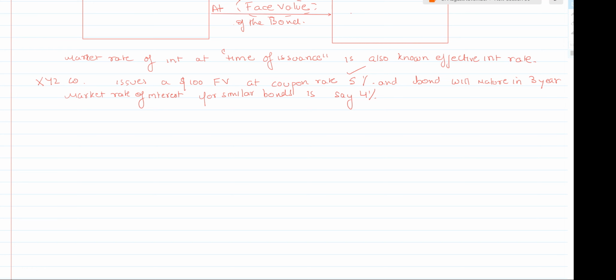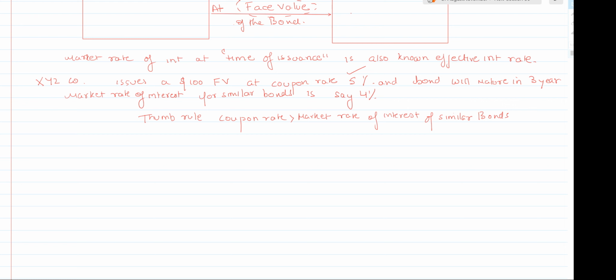So guys, the thumb rule is that when the coupon rate is greater than the market rate of interest of similar bonds, the bond will be issued at a premium, right? And why will it be issued at a premium?